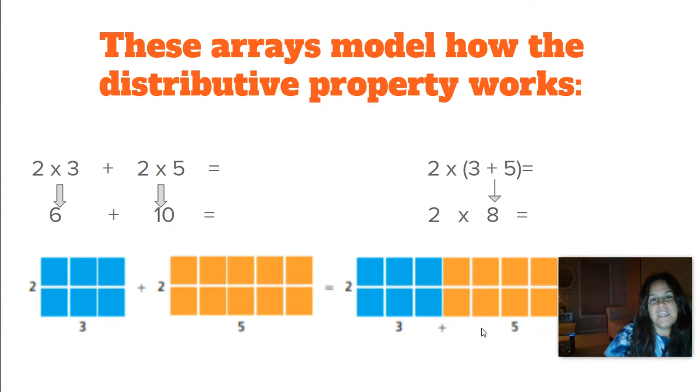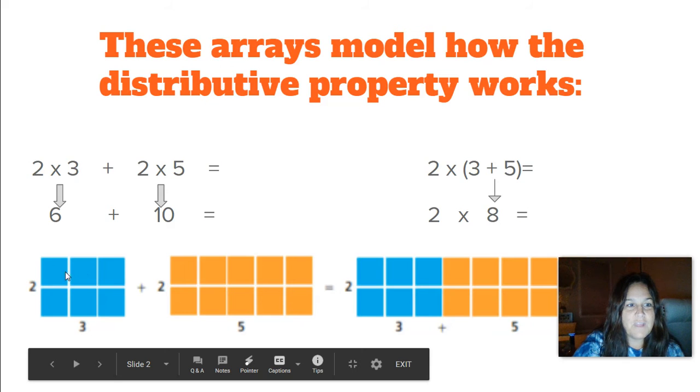All right, so here's a model, a couple of arrays that can prove to you how this distributive property works. If you take a look at the array I have right here, we can see that it's a 2 by 3 array. So 2 times 3, of course, the area of this would give us 6. We've got 1, 2, 3, 4, 5, 6. And then, of course, we have a 2 by 5.